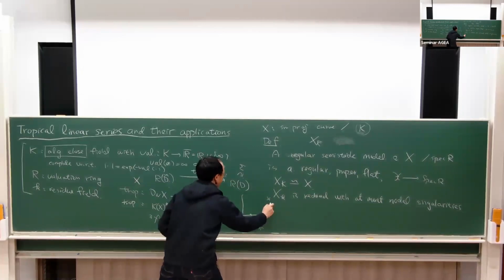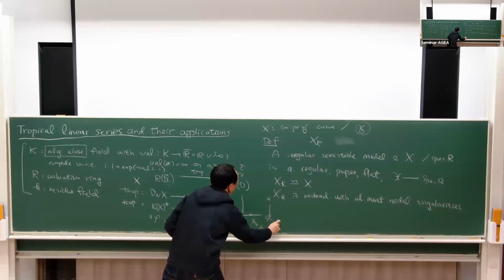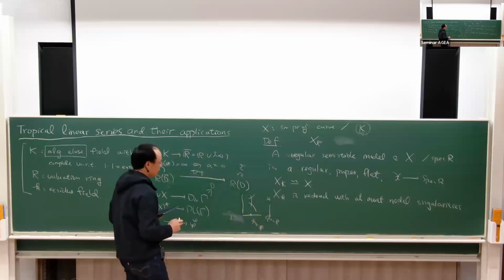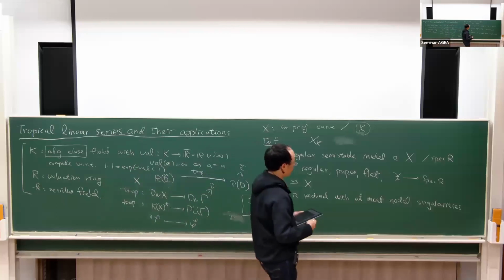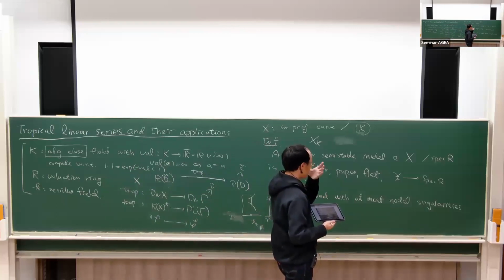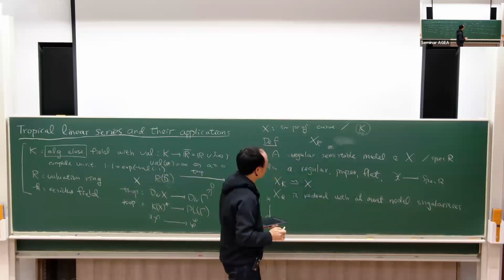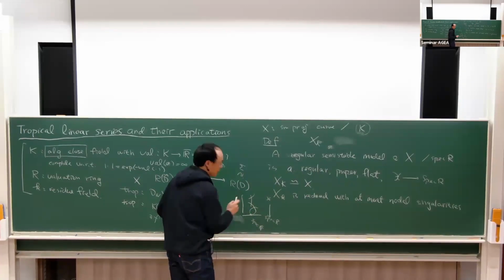So we have X to Spec R, and this is Spec little k, and the special fiber is something like the stable curve. Yeah. So do you also want each irreducible component to be smooth? That will be the so-called strongly regular semi-stable model. Here we allow self-intersection. Okay.